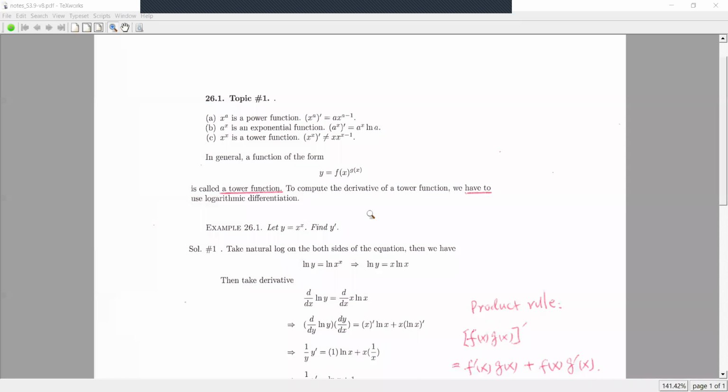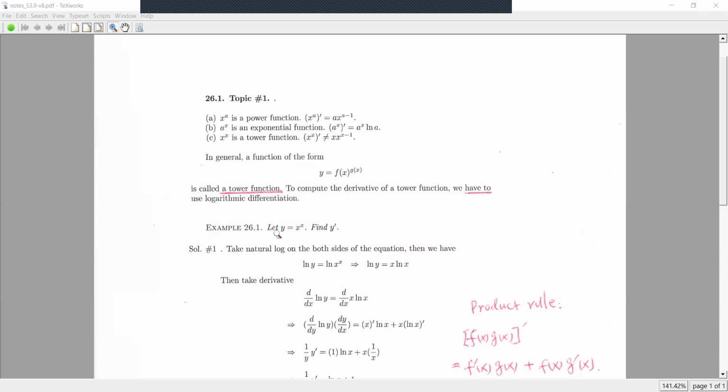Now, let me show you some examples about how to compute the derivative of a tower function. Example 1. Let y be this function, x to x. Find the derivative of the function. To compute the derivative, I use log to simplify the function.